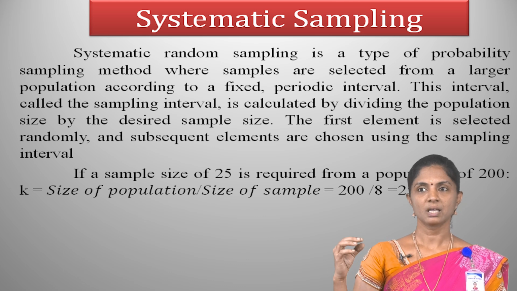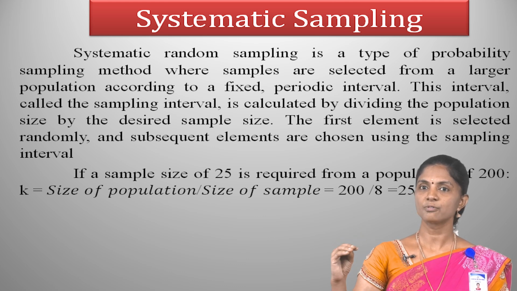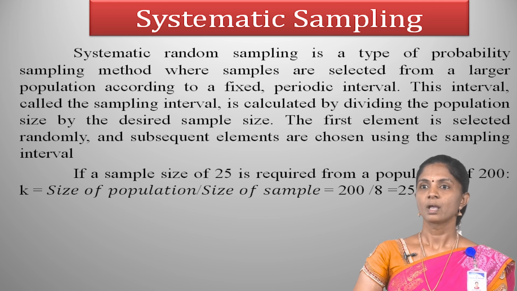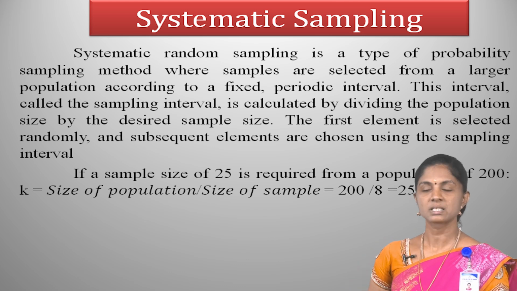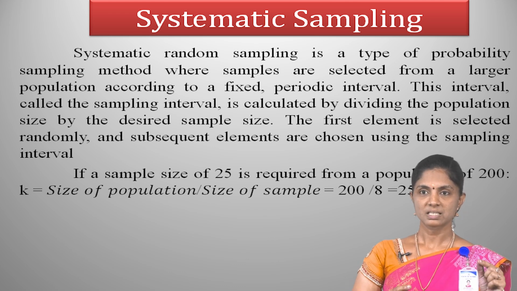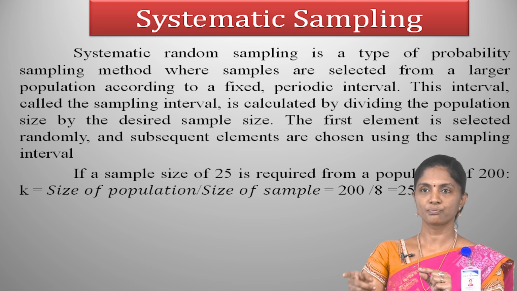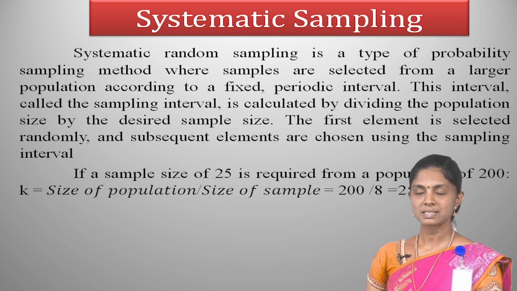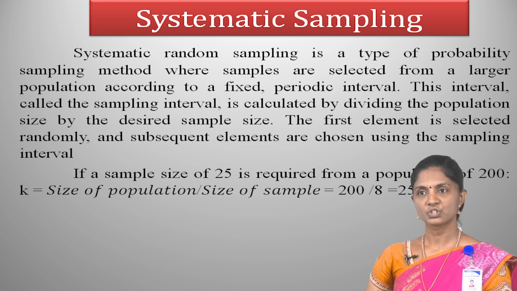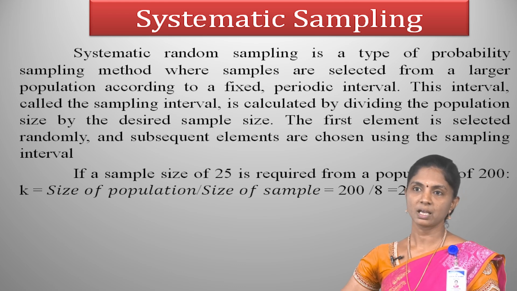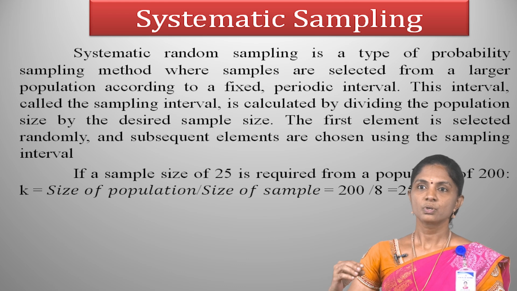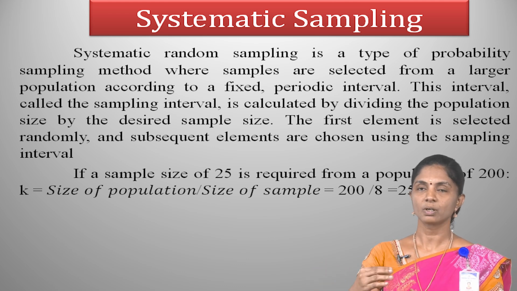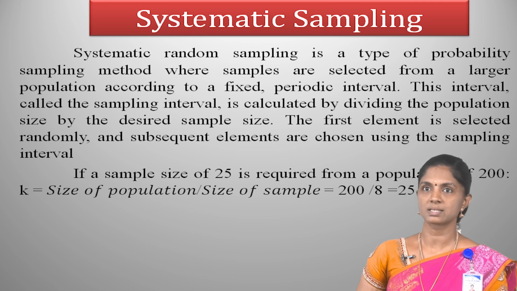If the member is say 7, so 7 is selected from the first 8 numbers by lottery method. The other numbers of the sample are: first you select 7, plus 8 is 15, 15 plus 8 is 23, 23 plus 8 is 31, and so on up to 199. So the desired sample size we reach, then you continue the process.